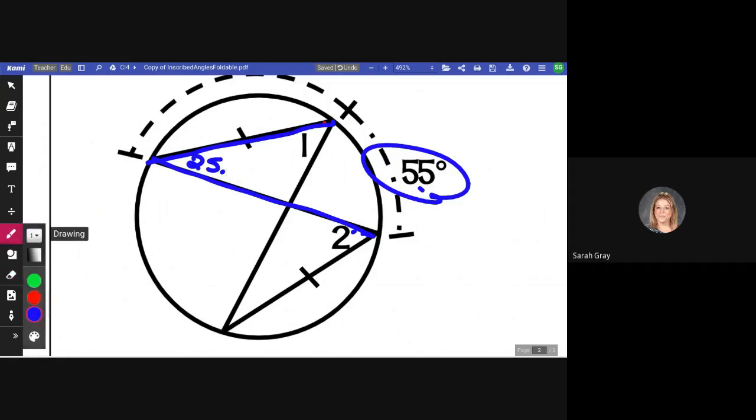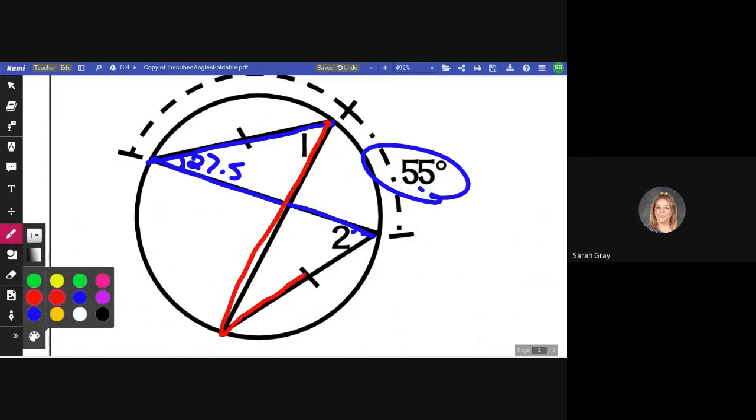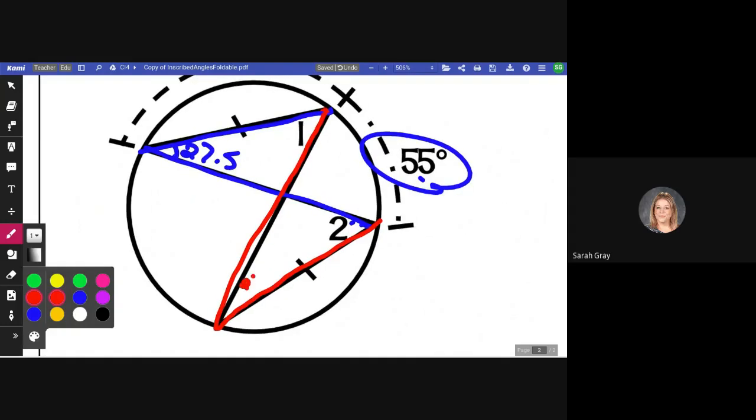Did I do that wrong? Thank you. 27.5. There's another angle that opens up to that 55-degree arc. So it's also going to be 27.5.